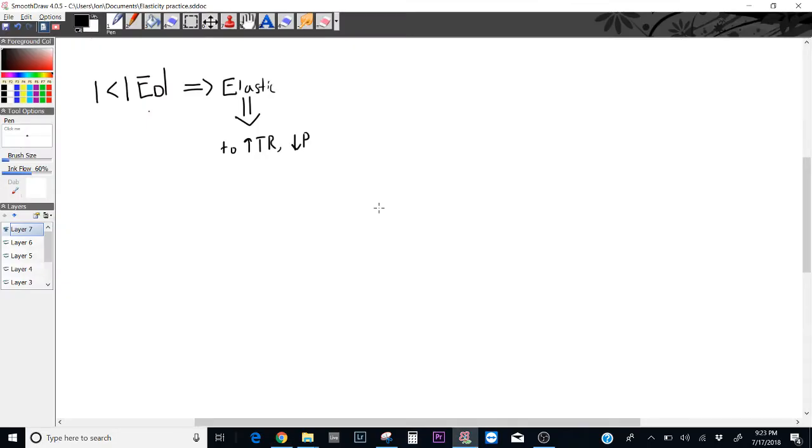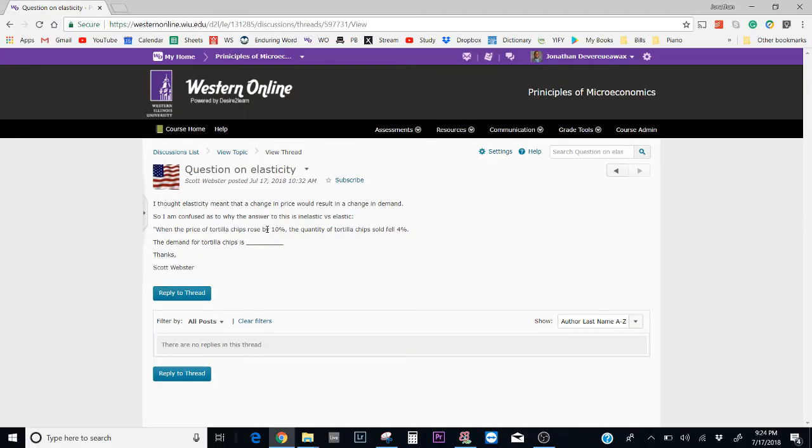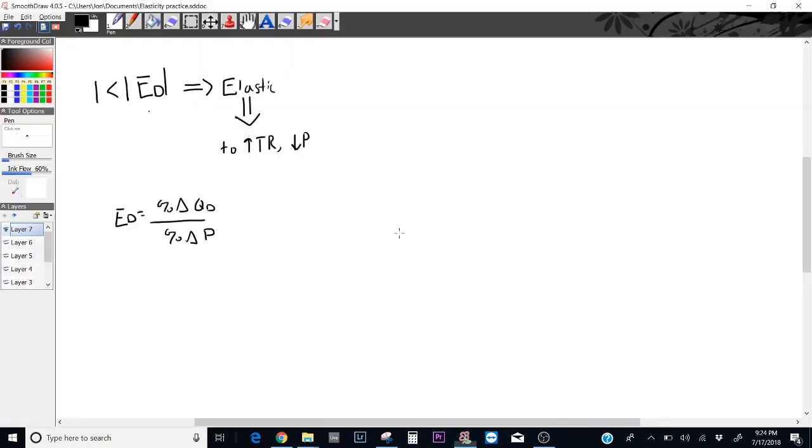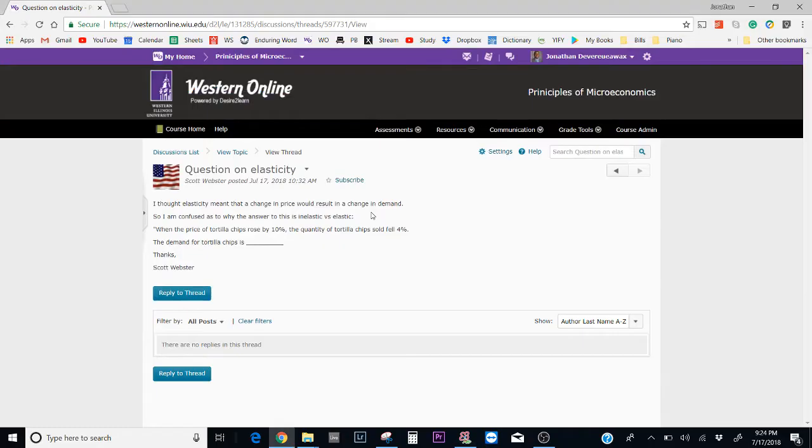Now, if we go back to our elasticity formula, ED is going to be the percentage change in QD divided by the percentage change in price. So we can just substitute in the values we have. The quantity of tortilla chips sold fell by 4%, so we have a -4 in our numerator.